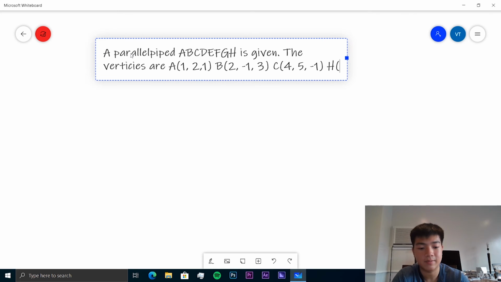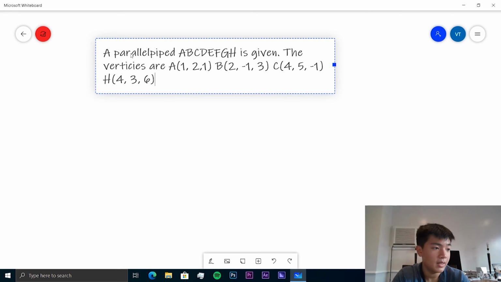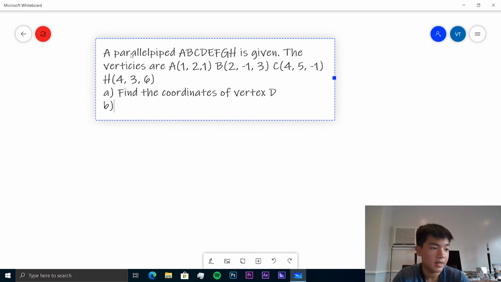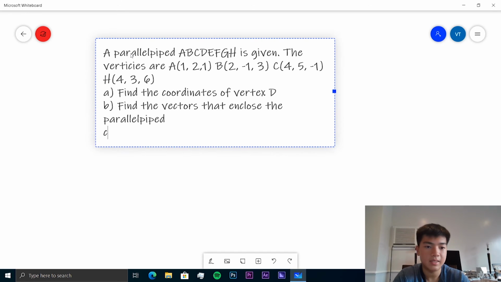I'm seeing things. So, find the coordinates of vertex D and find the vectors that enclose the parallelepiped and see what is the volume.